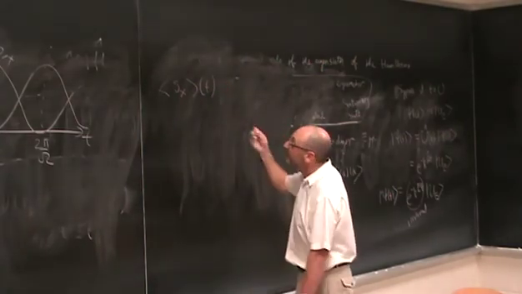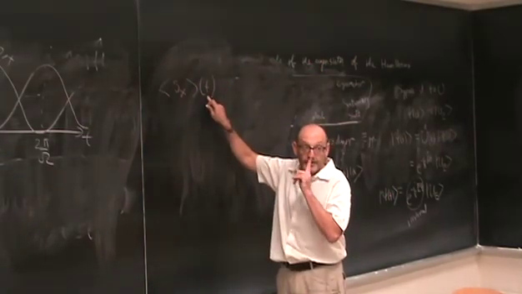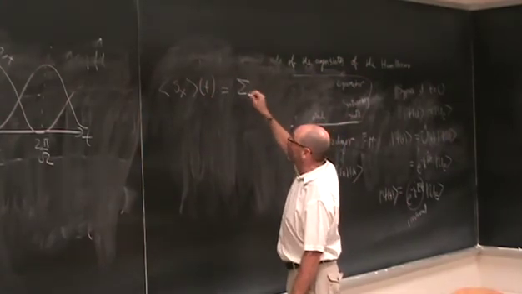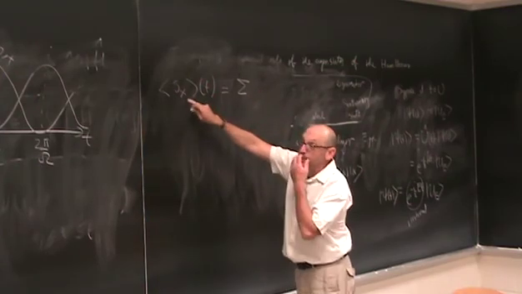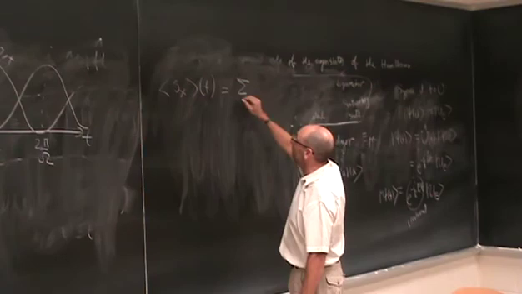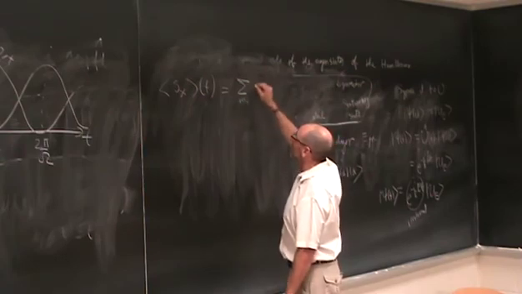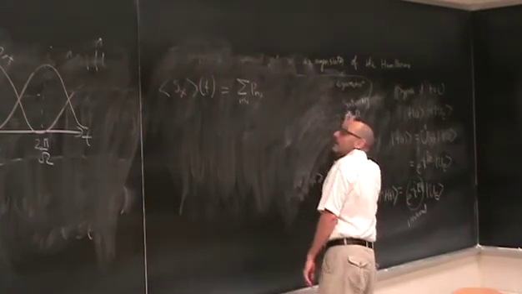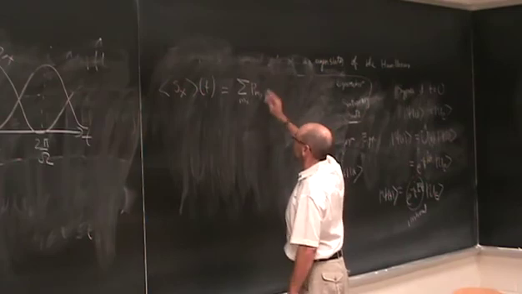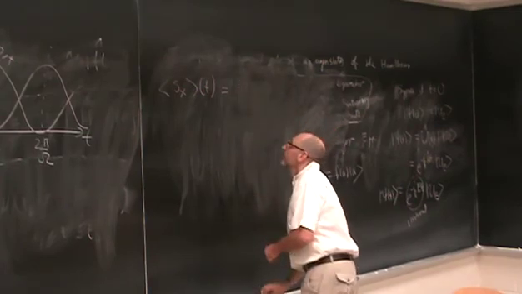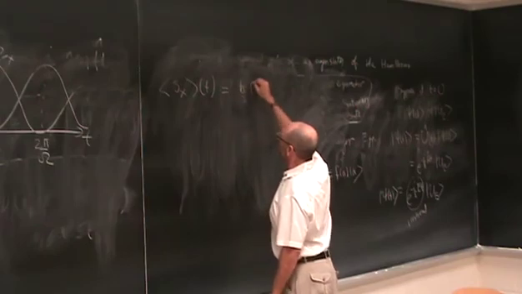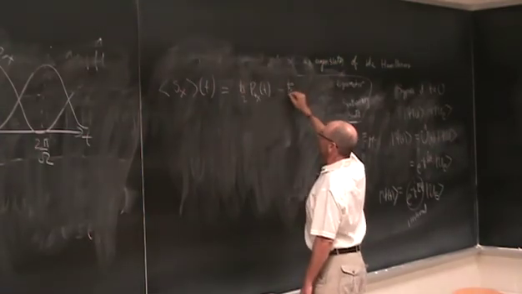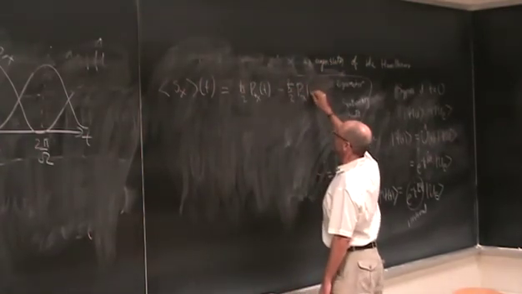At any fixed time, by definition, it is the sum over the spin eigenvalues times probabilities. This is equal to h bar over 2 times the probability to be spin up along x at time t, minus h bar over 2 times the probability to be spin down along x.